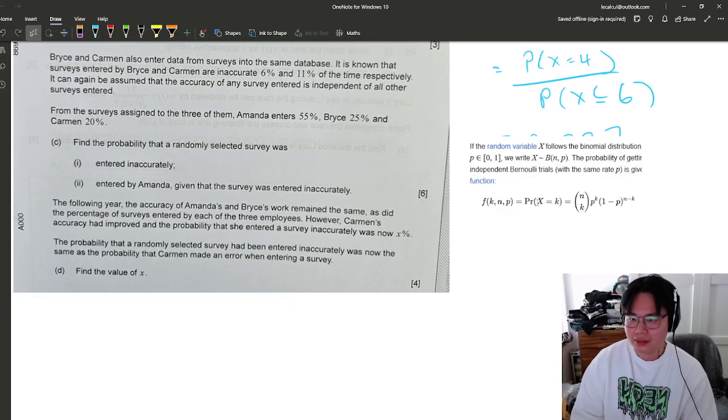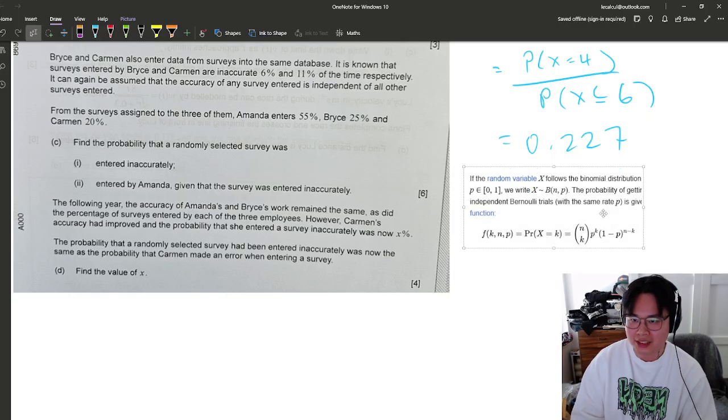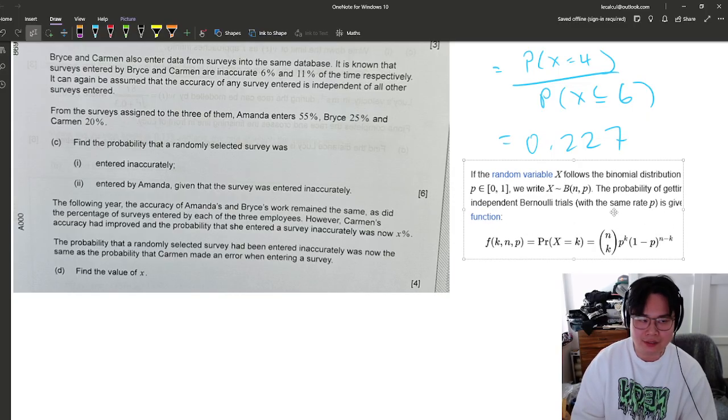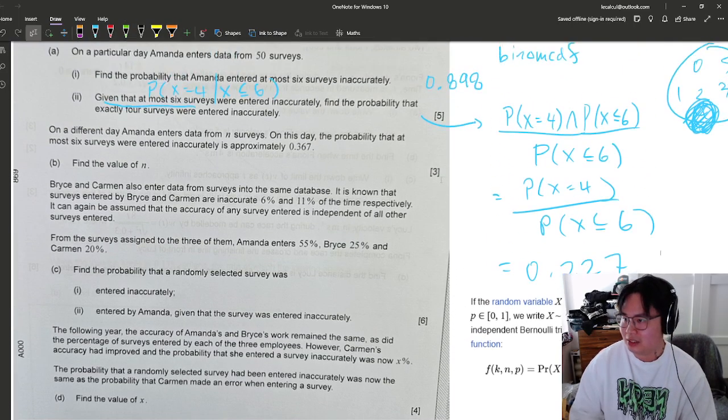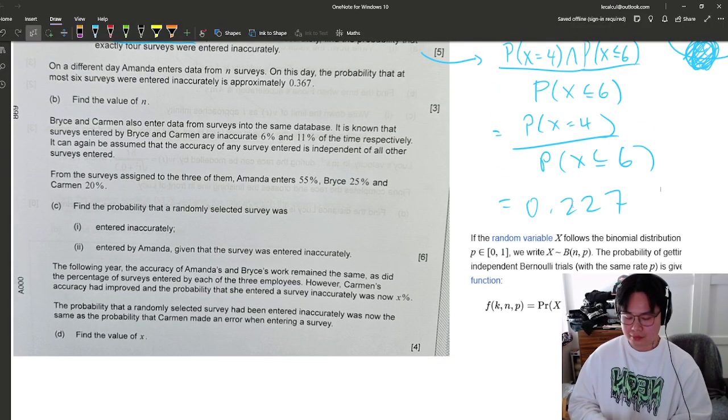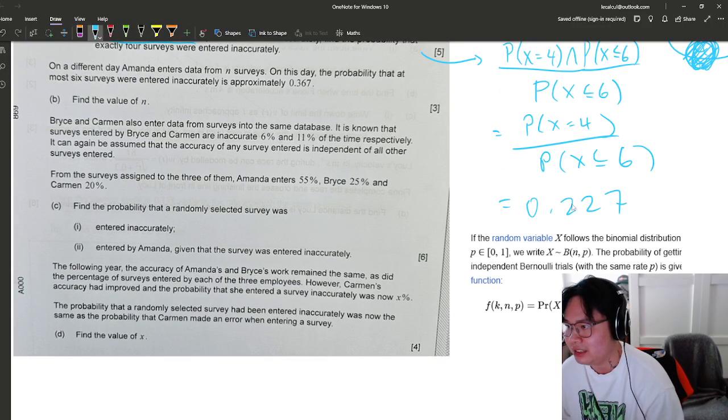Okay, the probability of an exact amount of something happening follows this. This is an SL or HL formula, which is why I was very confused it wasn't in your HL section. But essentially, we need to find the probability of P0 plus, how's this only 3 marks?